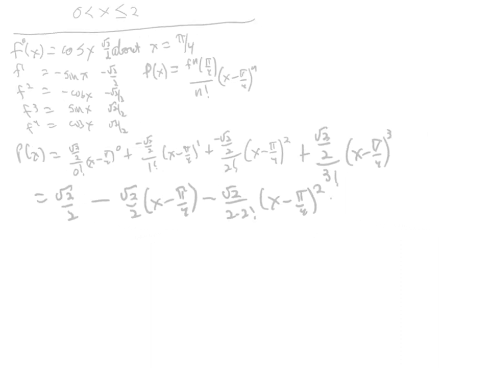And the last term is square root of 2 over 2 times 3 factorial, x minus pi over 4 to the third. I'm going to stop right here because that's enough to get you going. Any more, we would all just kind of get sick from all the fun.